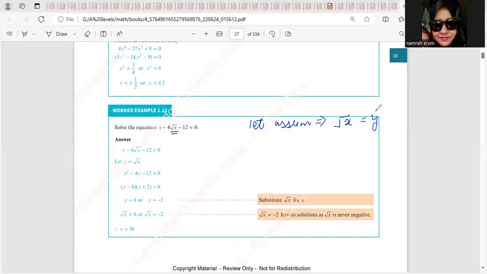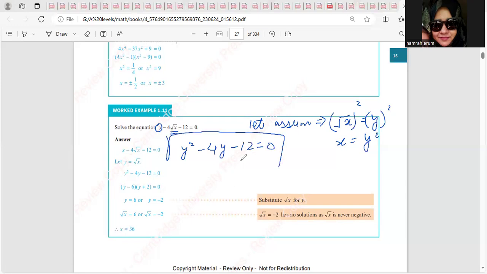Then if I take the square on both sides, x is equal to y squared, right? So I can say that this can be y squared and this can be y. How? y squared minus 4y minus 12. And then easily I can solve it as a normal quadratic. Then two values for y. And basically y is root of x, and we can solve it for root of x as well.